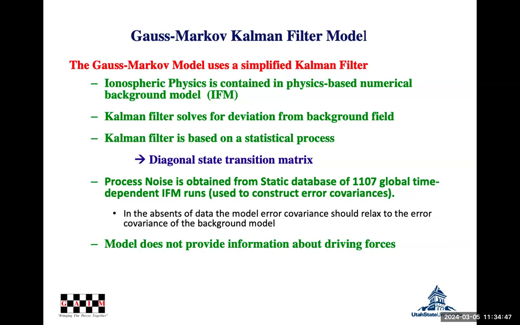Now, the idea behind this is that in the absence of data, the model error covariances should relax to the error covariance of the background model. And that's captured in these 1,107 global IFM runs. So it relaxes to the variability that we see in this multitude of runs.